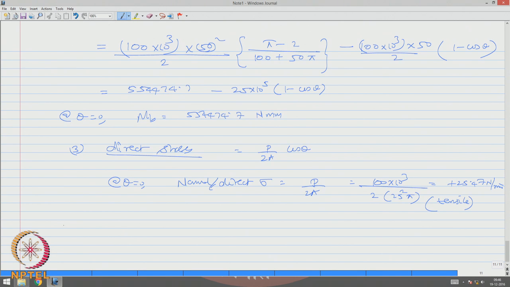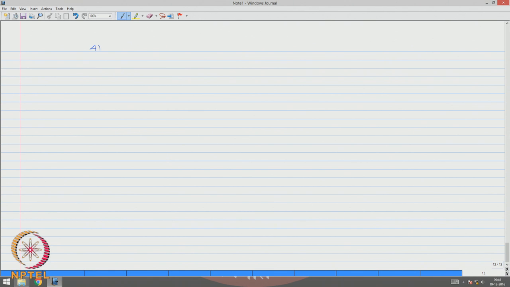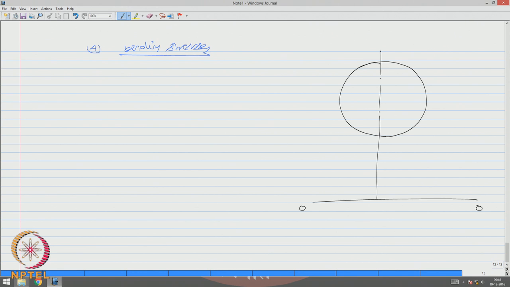Now, I want to find the bending stresses. So, now cross section is circular. This is my OO axis, let us say. This is my CG, so centroidal axis.